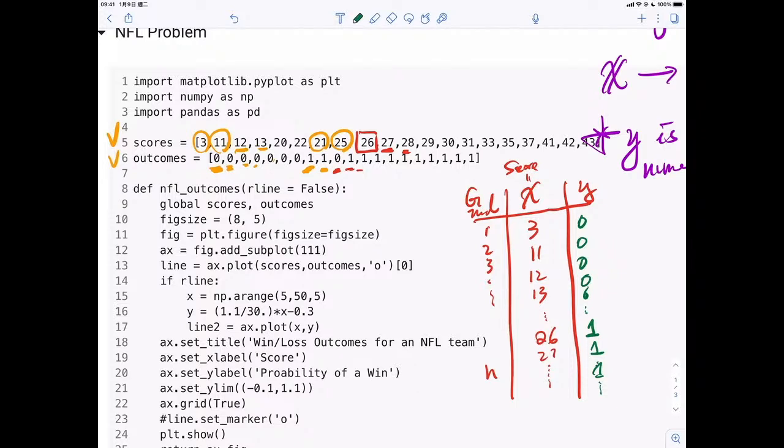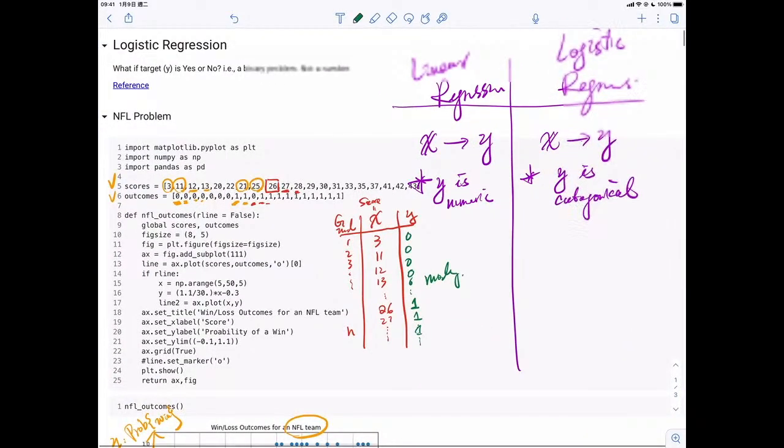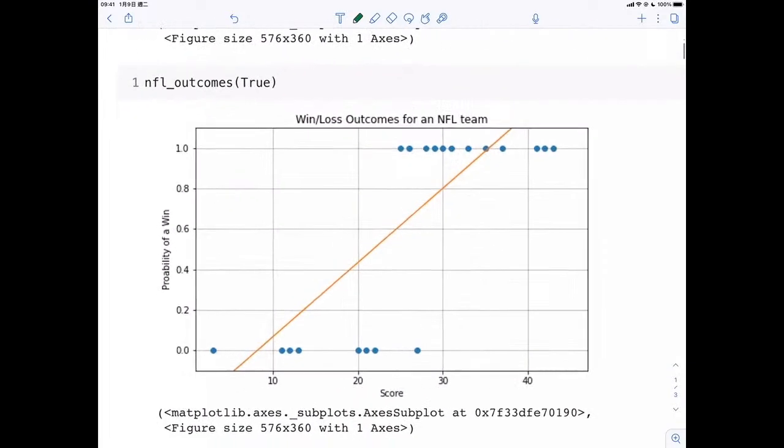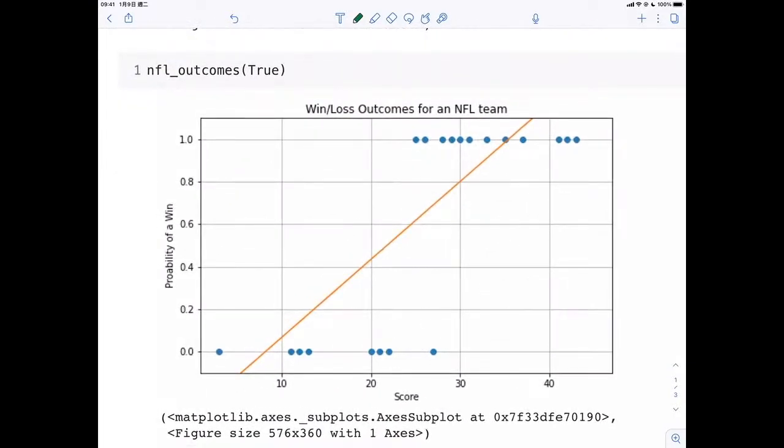But how do we do such kind of modeling? If you view this as a table with some numbers in it, and you say, okay, I have learned linear regression, so I would like to use linear regression to model such kind of data, and that is the result of linear regression.